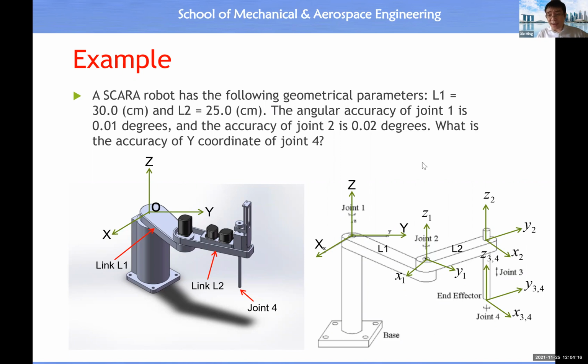Okay, and this example shows you the assignment of a coordinate system to the link. You will see every link has two locations, or two extremities. This extremity is very close to the base, and another extremity is far away from the base.